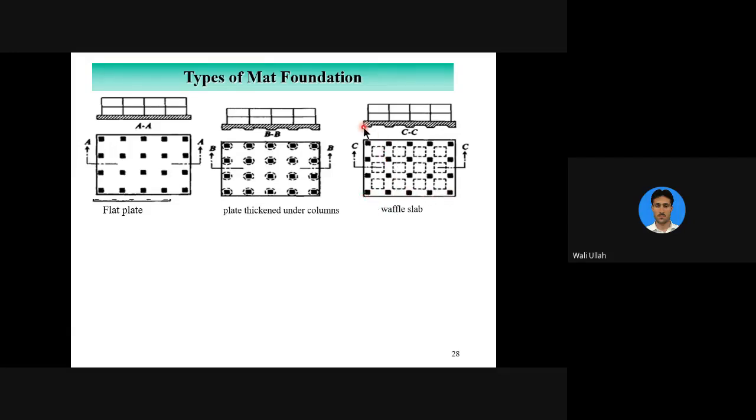If you take a section, you see this is one beam, this is another beam, going all along the column line. Now, this is a kind of ribbed slab, like the ribbed slabs you have. The same concept is here.